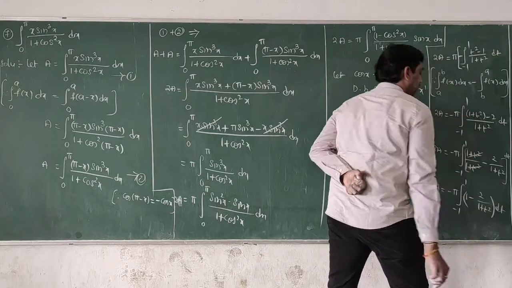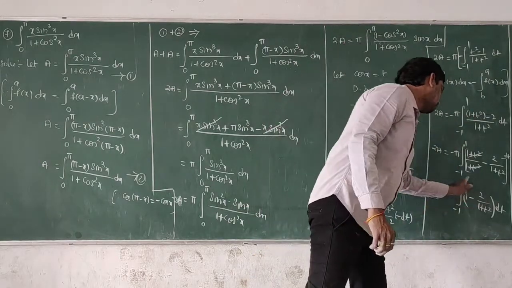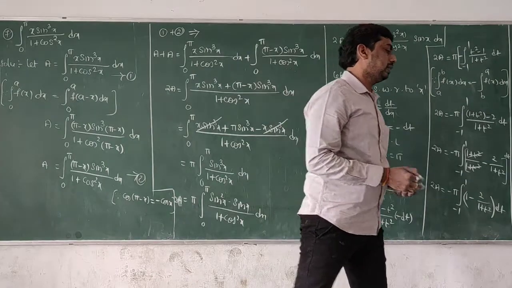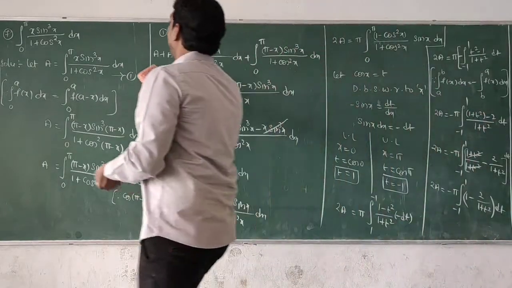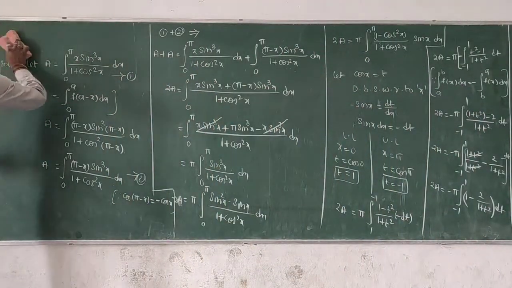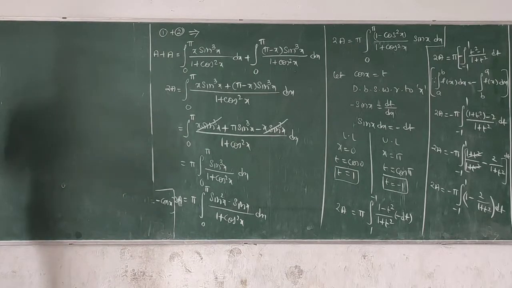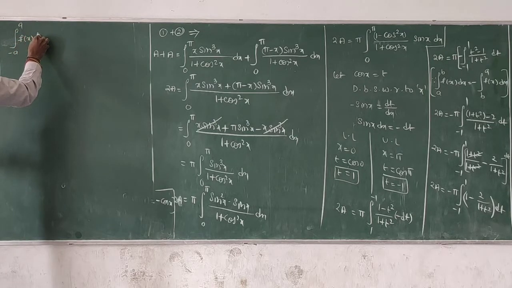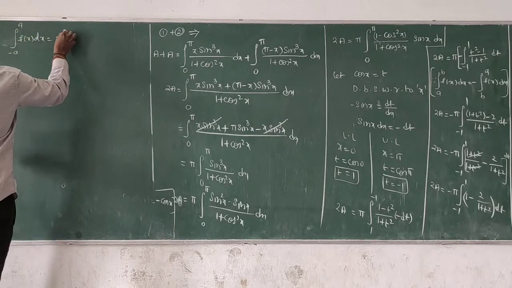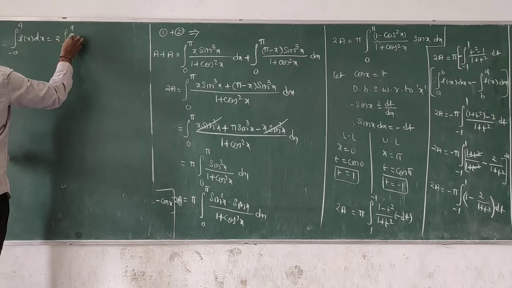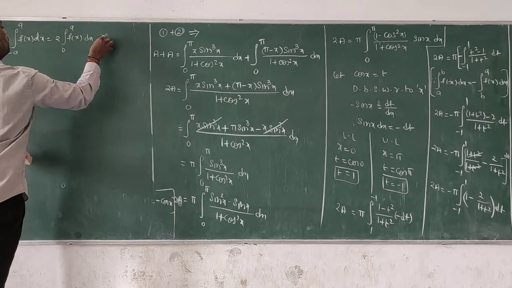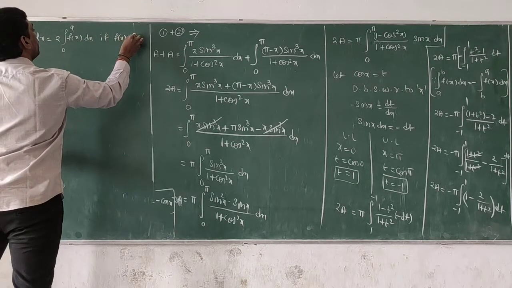Here 2a equal to minus pi into integration minus 1 to 1, (1 minus 2 by (1 plus t square)) into dt. Here also I am using another formula. What is that? The formula is integration minus a to a f of x dx equal to 2 into integration 0 to a f of x dx if f of x is an even function.